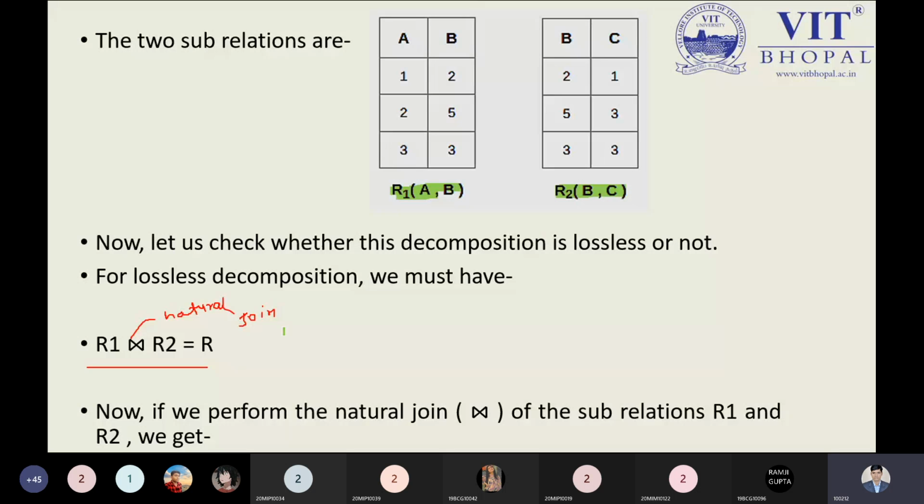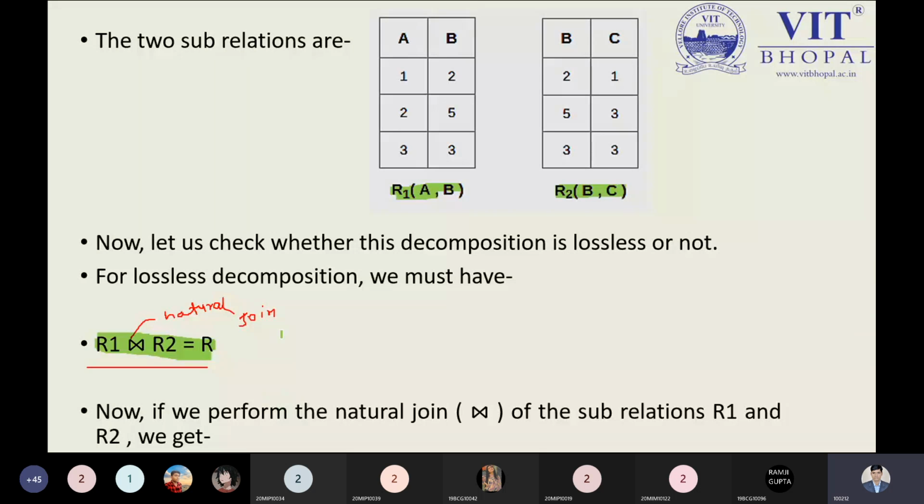So I'm applying the join operation, by default the natural join, which is a famous operation. I'm applying R1 join R2, and it must equal R, then it is known as lossless. But if it is not equal to R, then we can say it is a lossy decomposition.